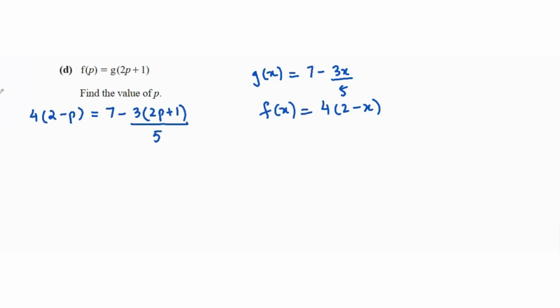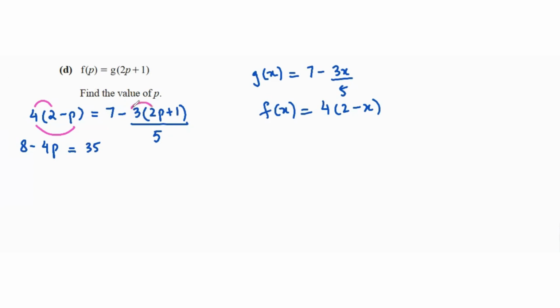I expand the bracket. That's going to be 4 times 2 and 4 times negative p, which is going to give us 8 minus 4p equals, multiply 7 with 5, that's going to be 35. Multiply negative 3 with 2p and 1.